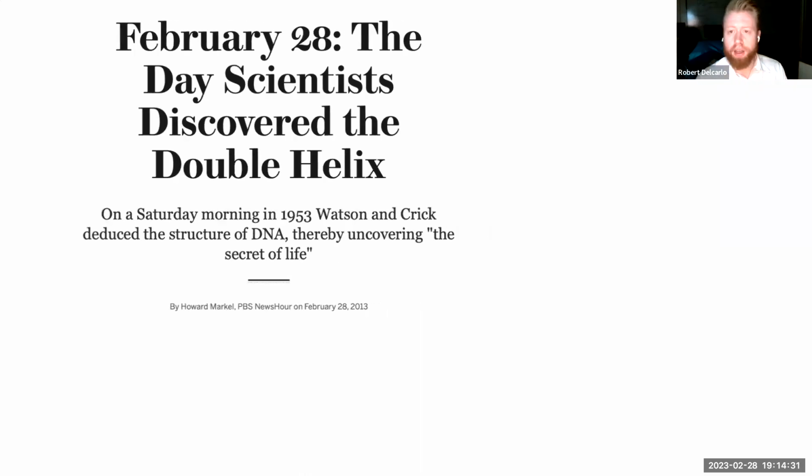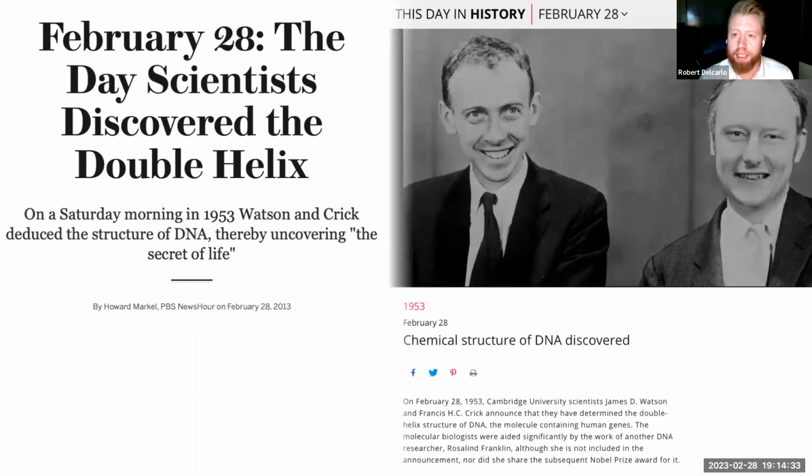So these are the culprits themselves: James Watson, who was then 25, and Francis Crick, who was about 12 years older at the time. They published the structure with information and insights from Maurice Wilkins and information they had obtained from Rosalind Franklin's lab notebooks.